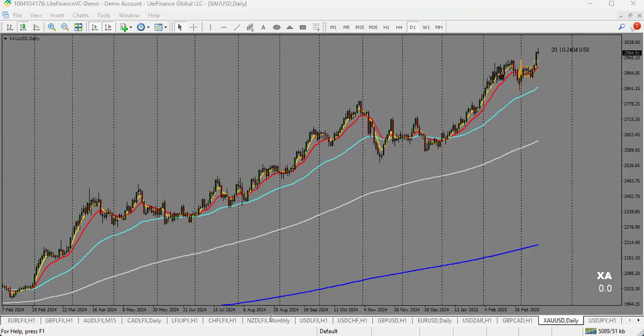This prompted investors to see gold as a safe haven asset and invest in gold. Basically, this has fueled gold's rally, and right now we have a historic high.